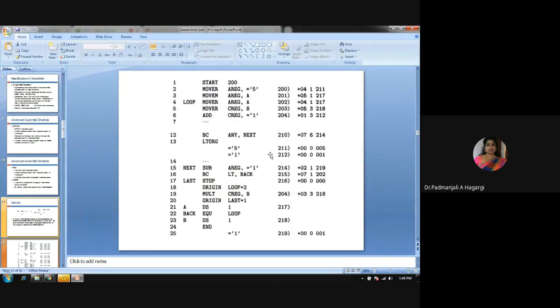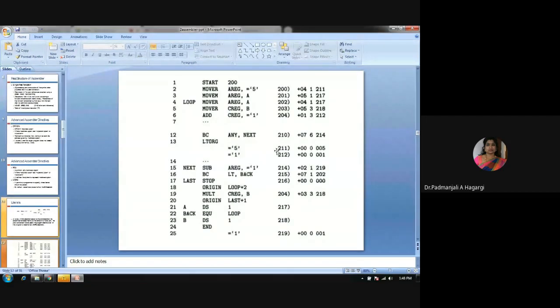Why so 211? Because after certain instructions, when it has to be declared, the next instruction we can declare them using the LTORG.